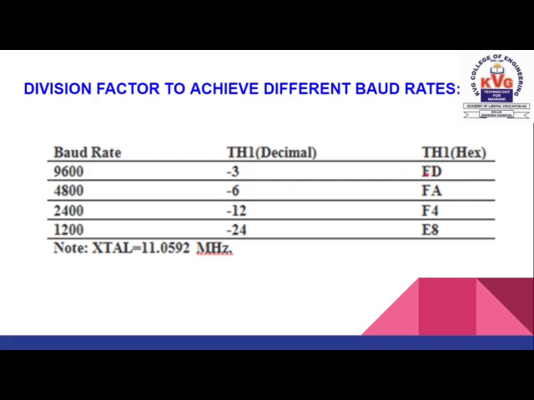So 28.8 kHz will be divided by 3, as the timer will overflow after every 3 cycles. We can achieve different baud rates by putting the division factor in the TH1 register.